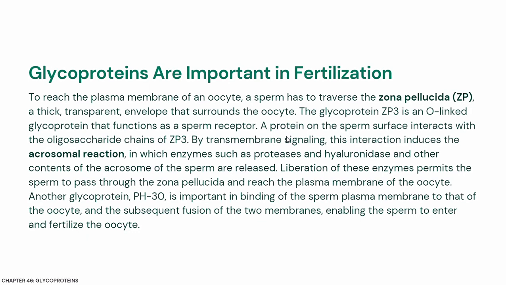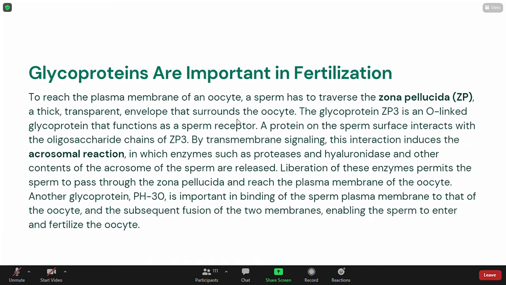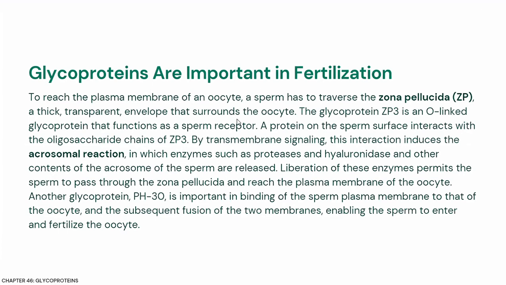Now, sometimes the zona pellucida of the egg cell can be altered if there is a wrong synthesis of the glycoproteins. And the sperm, which carries the enzymes to digest the zona pellucida, might not be able to digest it.